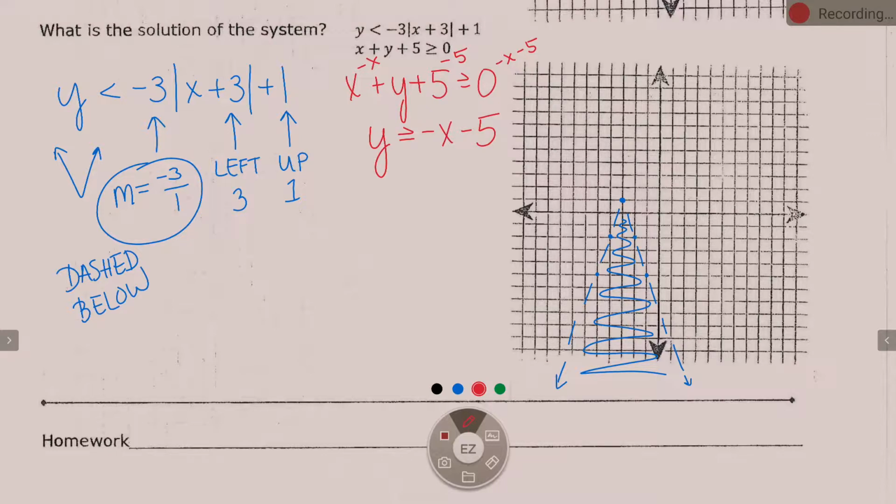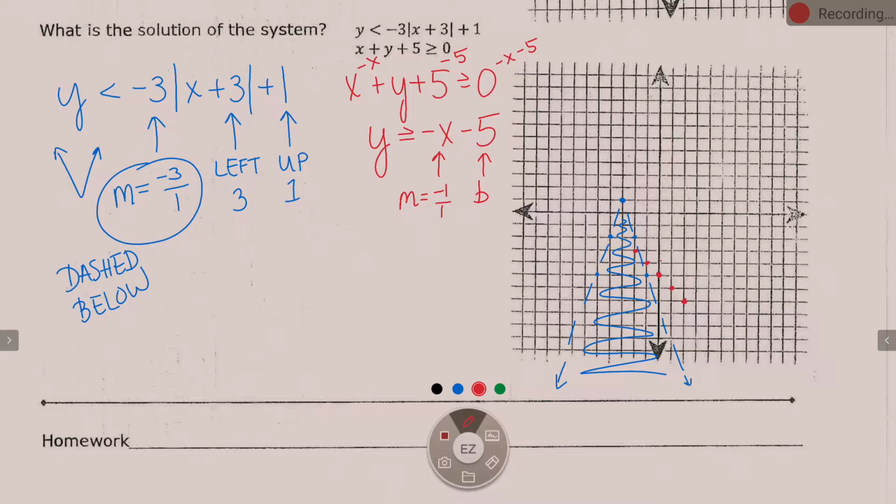Does that sound okay? You can graph this, right? Y equals mx plus b. My b value says we're going to go down 5. My m is a slope of negative 1. So negative 1 over 1: down 1, right 1, down 1, right 1. You can also go up 1, left 1, up 1, left 1.